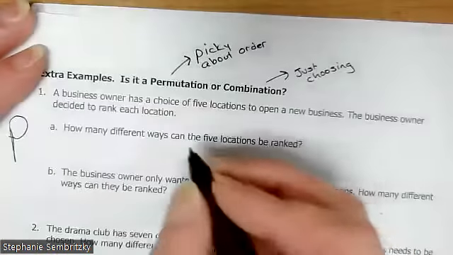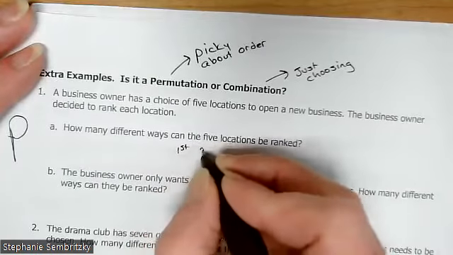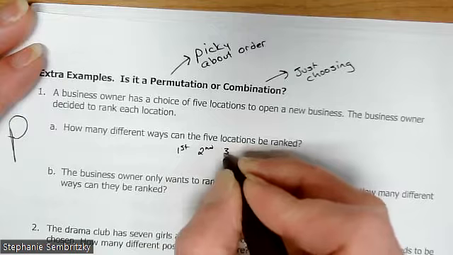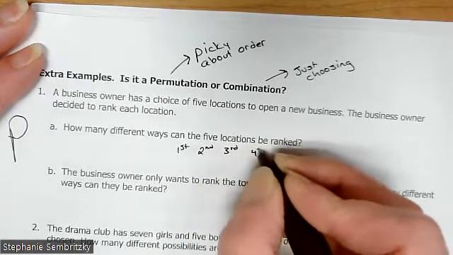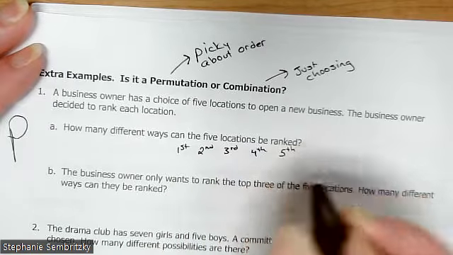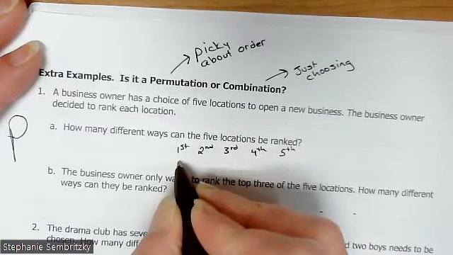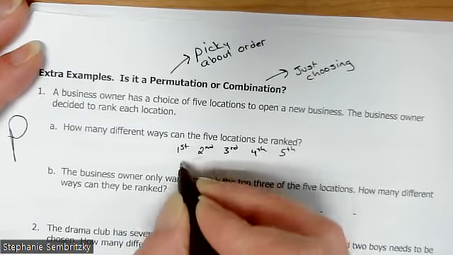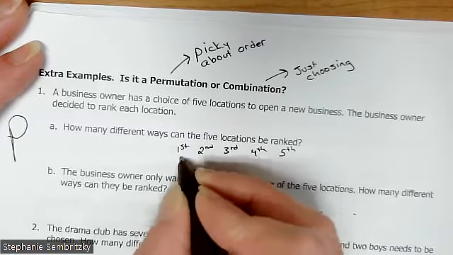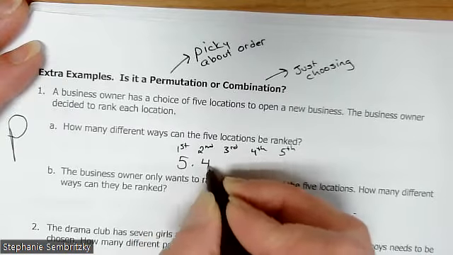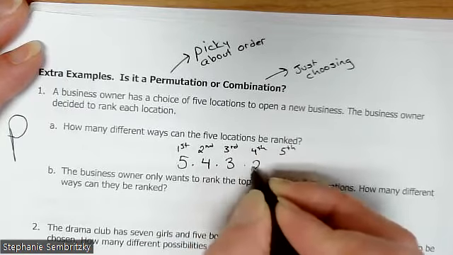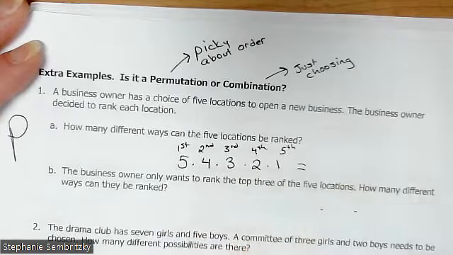Well, they could be ranked first, second, third, fourth, or fifth. How many locations could we choose from for first place? 5. Second, 4, 3, 2, 1.